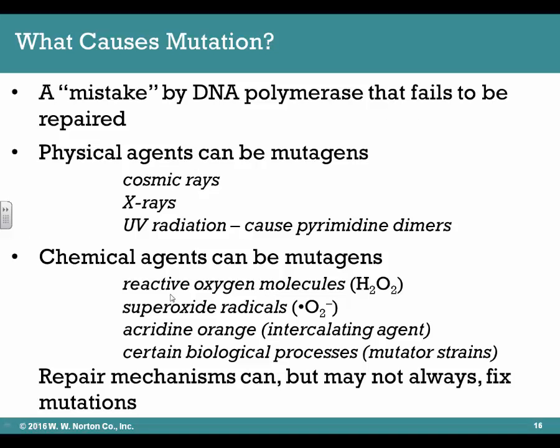These chemical agents include hydrogen peroxide, so very highly reactive molecules, superoxide, any kind of oxygen radical like superoxide or hydrogen peroxide are going to be very reactive and be readily giving up electrons, and so they tend to not just disrupt DNA structure, but also disrupt protein function.